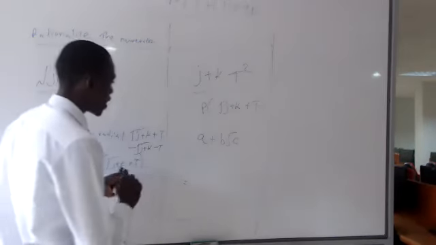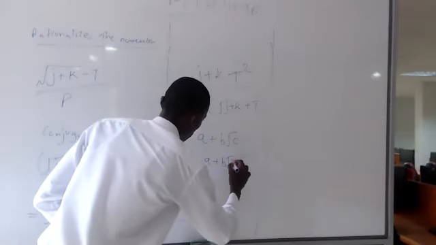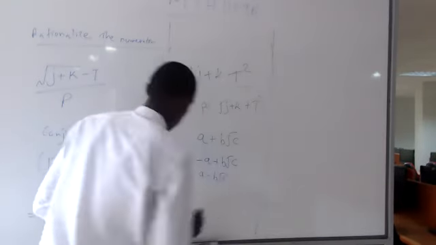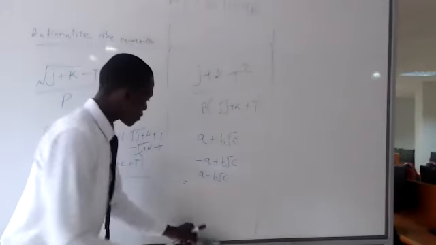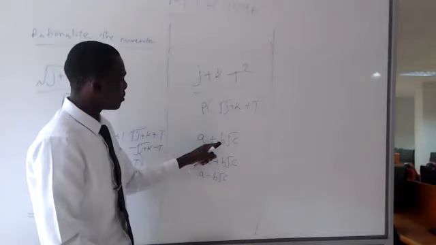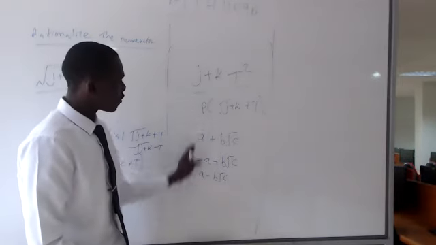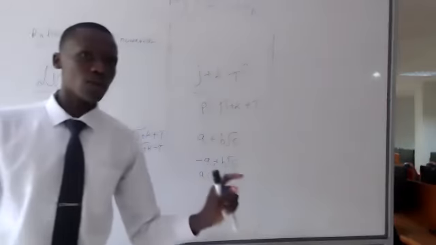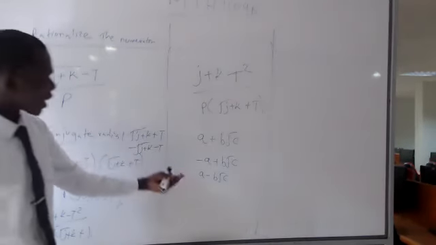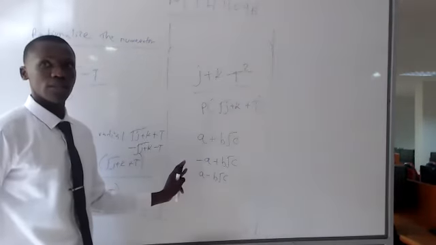So you can use either minus a plus b root c, or you use a minus b root c. Change any of the signs, whether it's the one in the middle or the one at the end. Change the sign of any of the terms, then you have your conjugate radical. Any of these will work. They are additive inverses. If you add the two, it gives you a zero. So any of them will work.